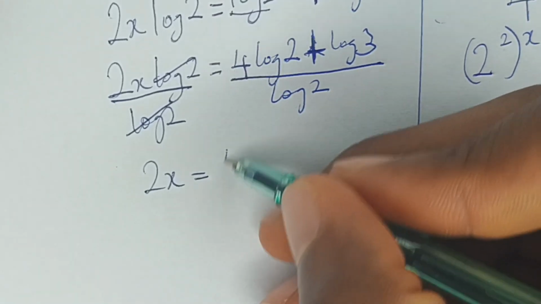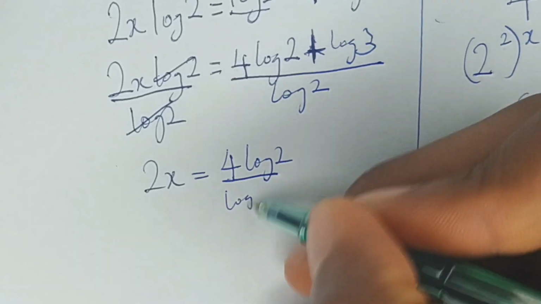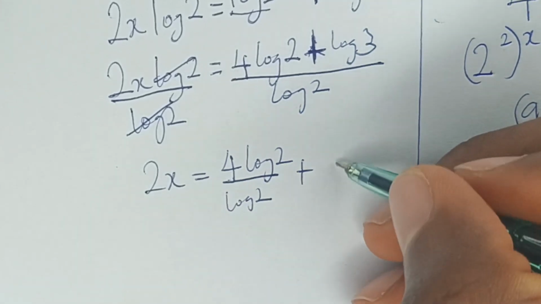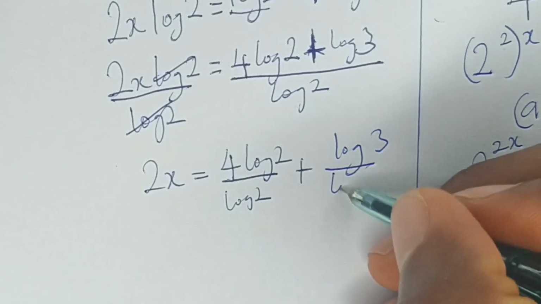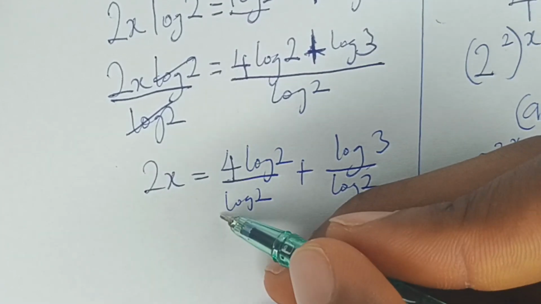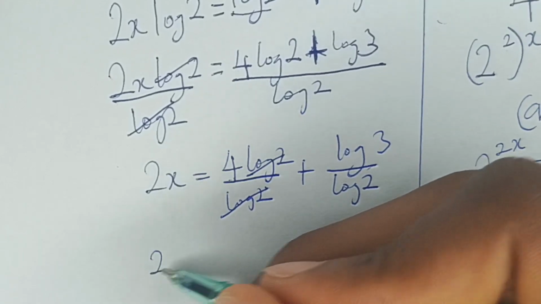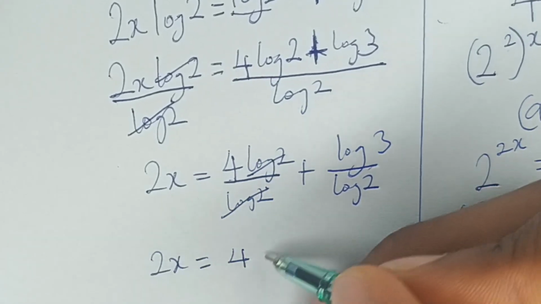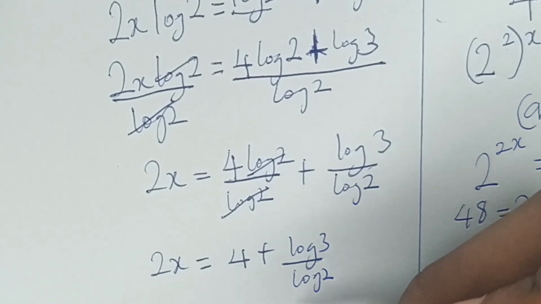So we're going to have 4 log 2 over log 2 plus log 3 over log 2. Okay, log 2 will take log 2, so that I'm left with 2x equal to 4 plus log 3 over log 2.